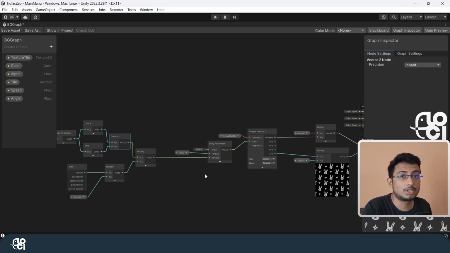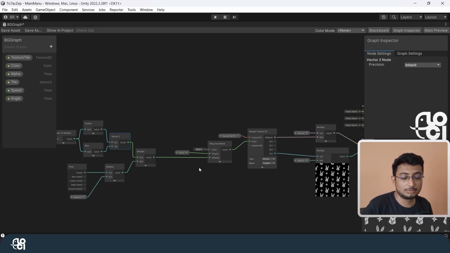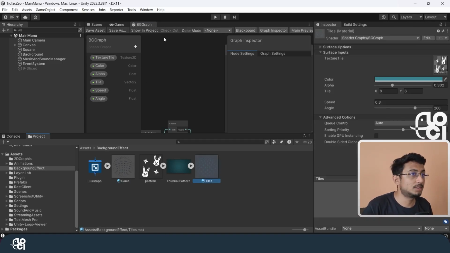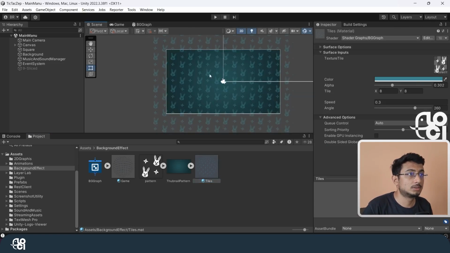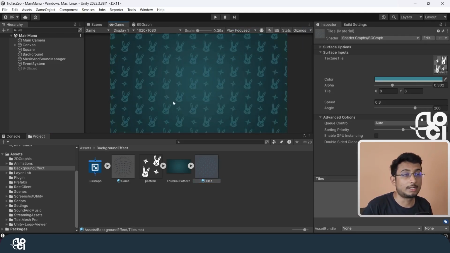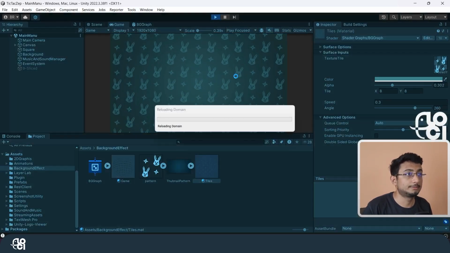You can be more creative about it, and in order to use it, we need to save the file, make a new material out of it, set up your background, and just hit play.